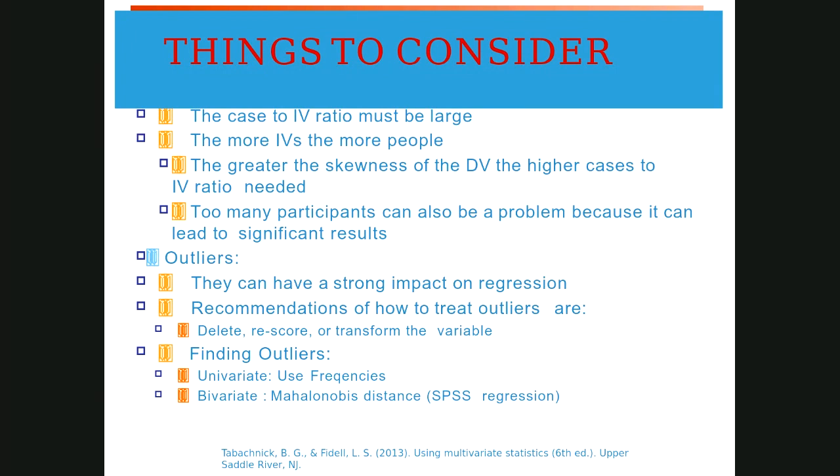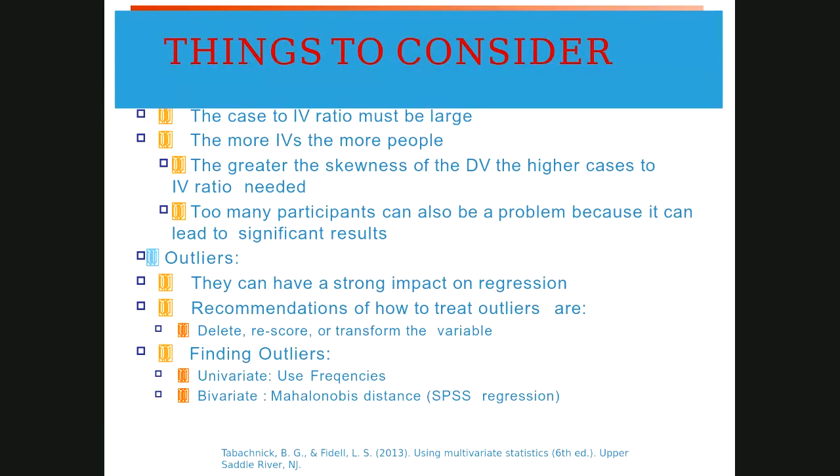In terms of the dependent variable, the greater the skewness of the dependent variable, the more cases you need. As we've talked about before, your dependent variable with ANOVA, t-test and regression should be approximately normally distributed.